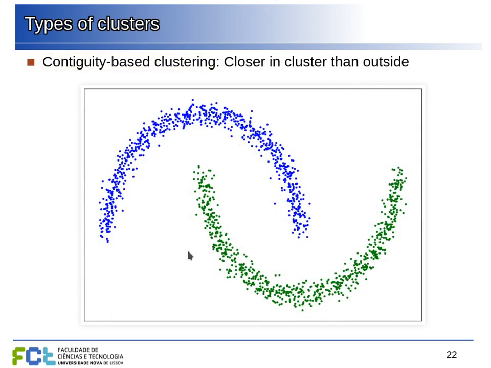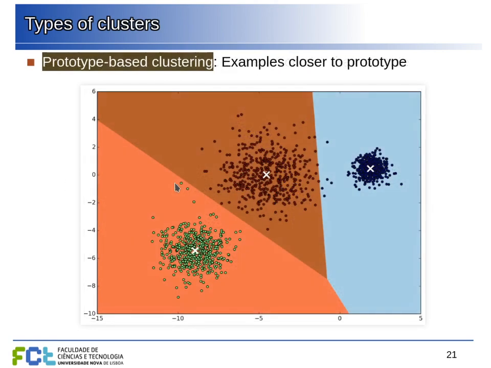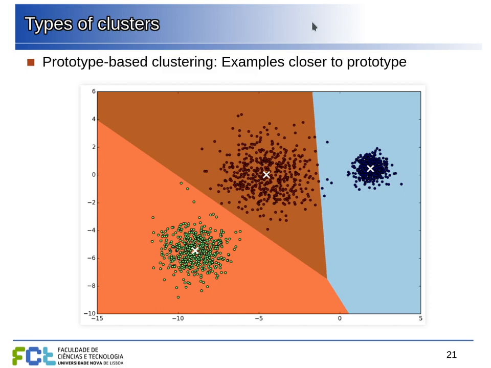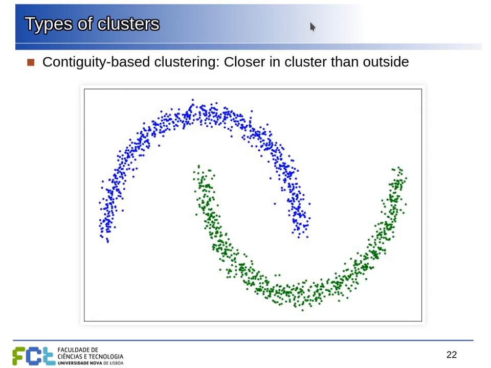For example, if we have something like this, it may make sense to use prototype-based clustering, because this way we assign the points to the closer prototypes and it works more or less. But if we have a distribution of points like this, then it wouldn't make sense to define the clusters by the prototypes, because if we had a prototype here, for example, these points will belong to the same cluster as the blue points and things would get a bit confusing.